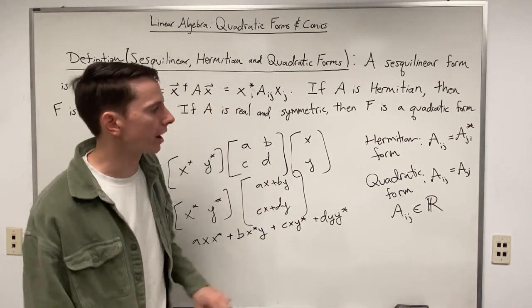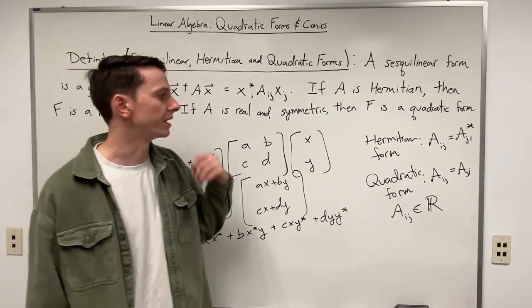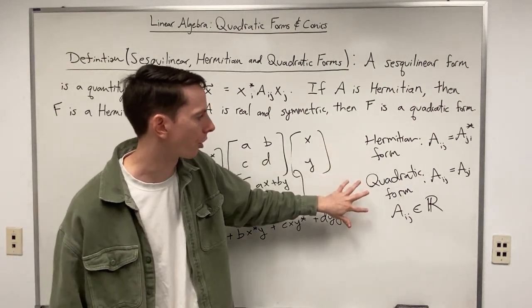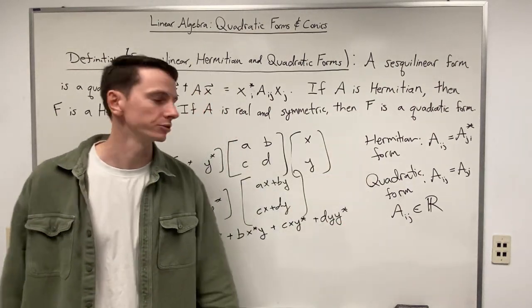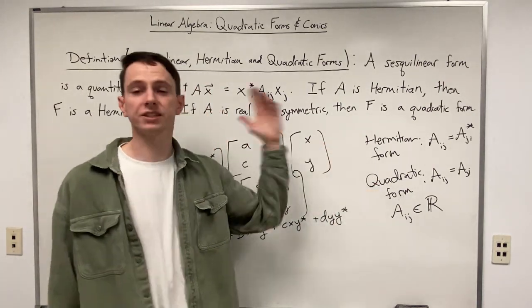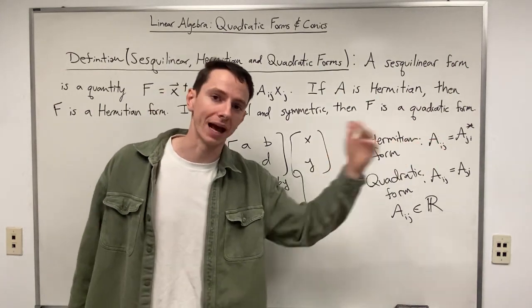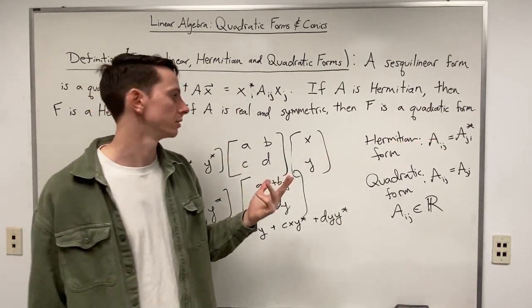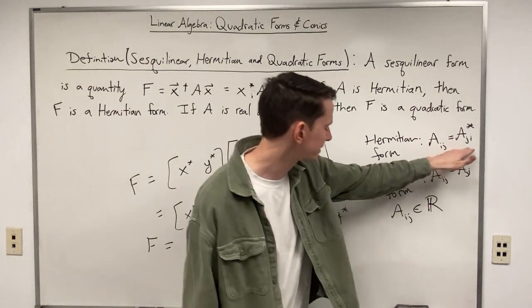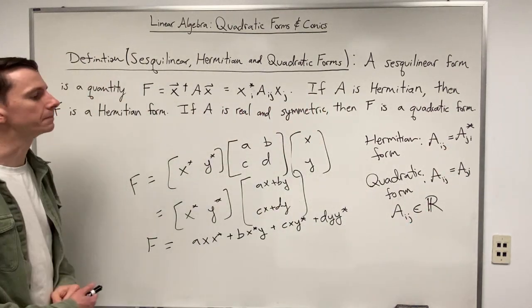So it turns out that all quadratic forms are Hermitian forms, but not all Hermitian forms are quadratic forms. In other words, these are more general than this. Just an example would be a matrix that is Hermitian but has complex numbers in it. They would still satisfy this condition, but they would not satisfy this condition because obviously they're not real, right?